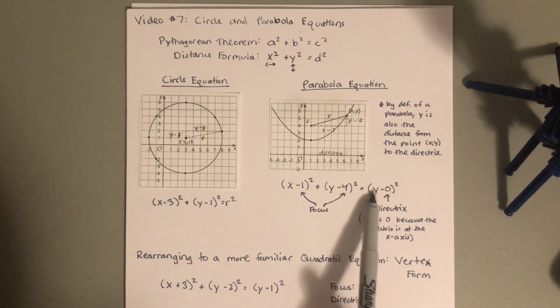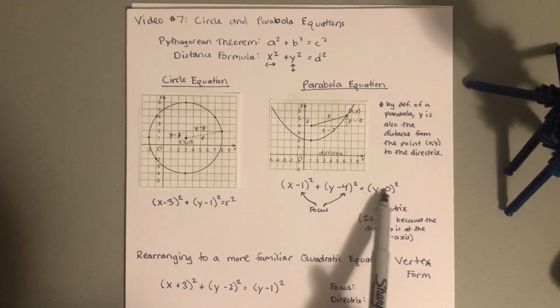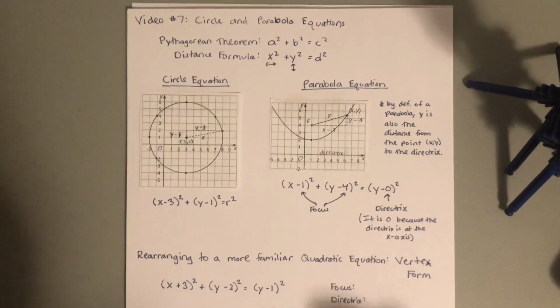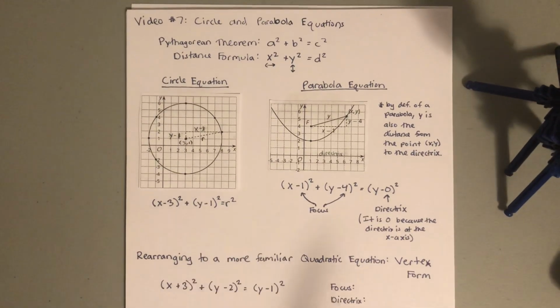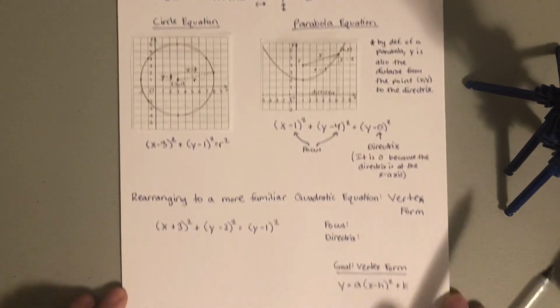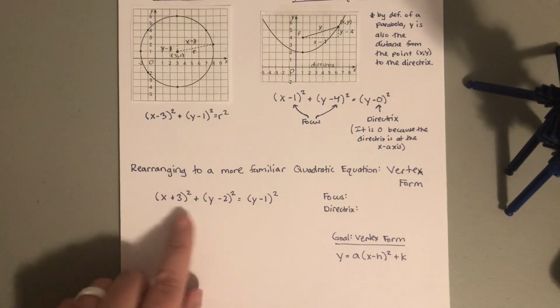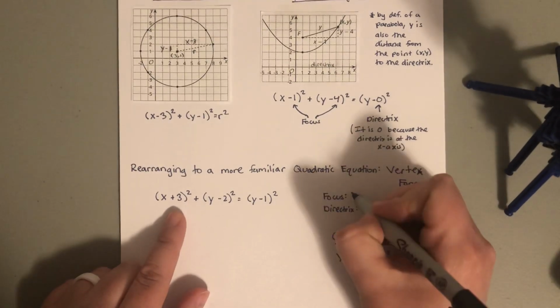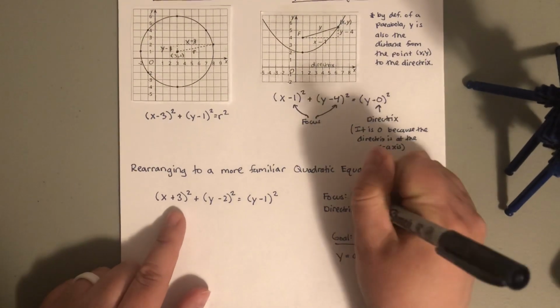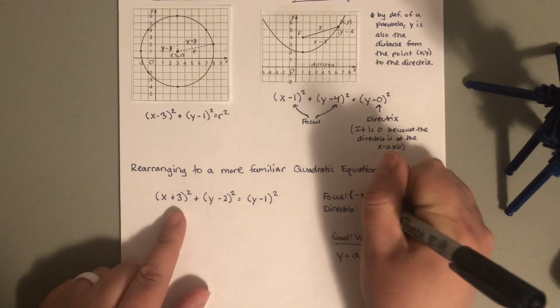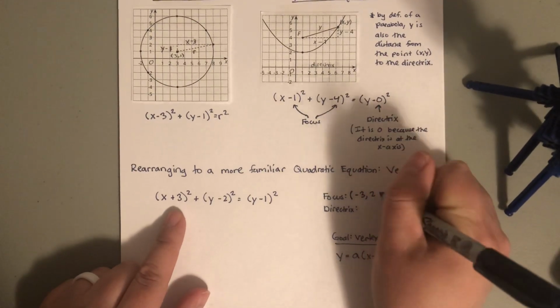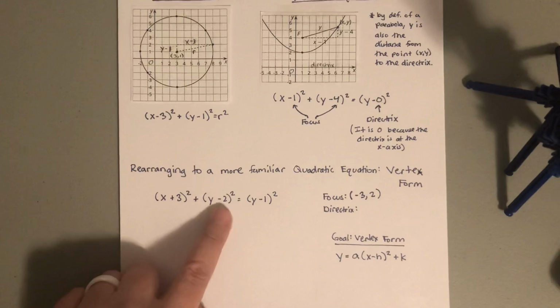Over here, we're going to have this little expression that tells us essentially where the directrix is. So let's use this down here. Let's say we had this equation of a parabola. This tells us that the focus is going to be at (-3, 2), because it's always the opposites of those.